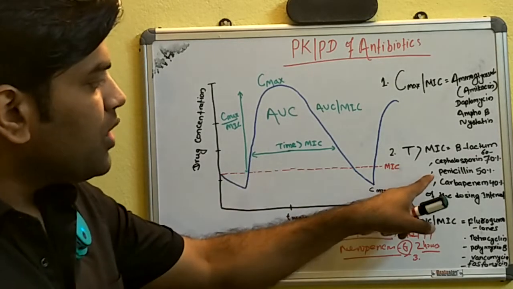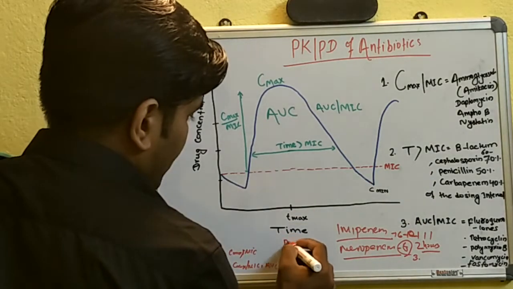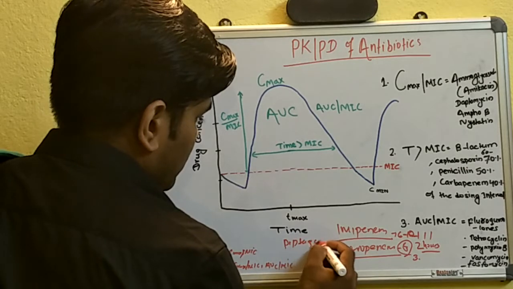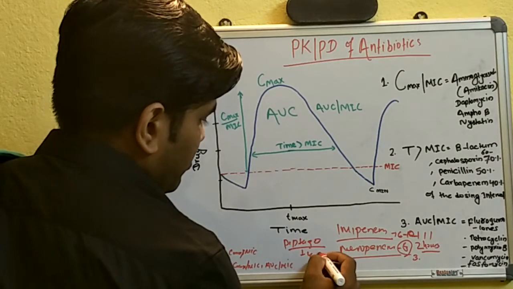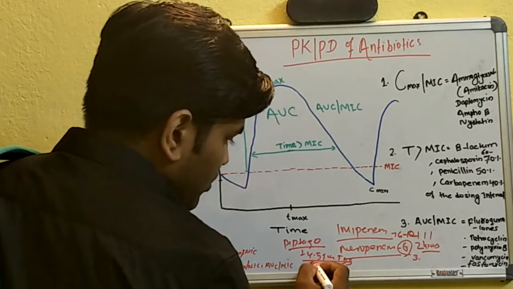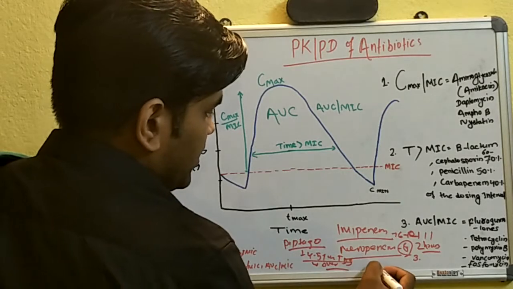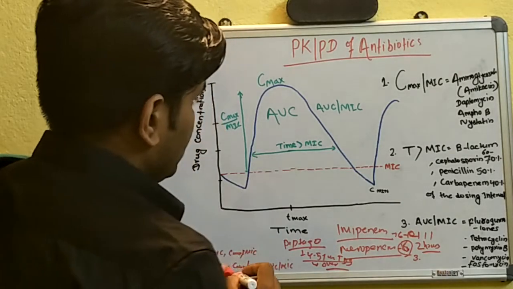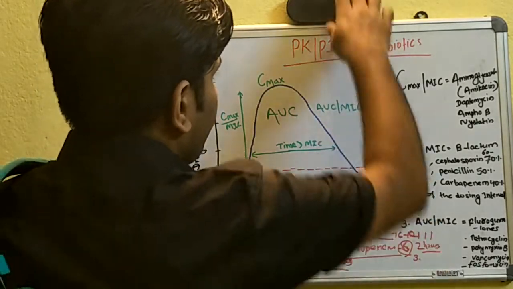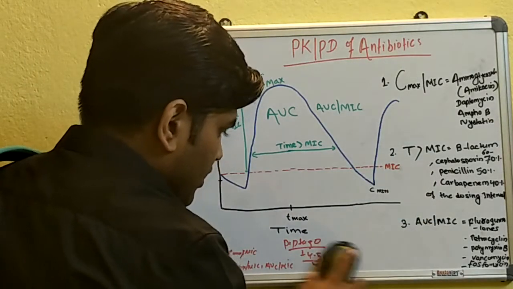If you are going to use piperacillin tazobactam, you are using 4.5 gram TDS, but you give it as infusion over 4 hours, for 50% of the time. Let me explain about piperacillin tazobactam, that will be important.